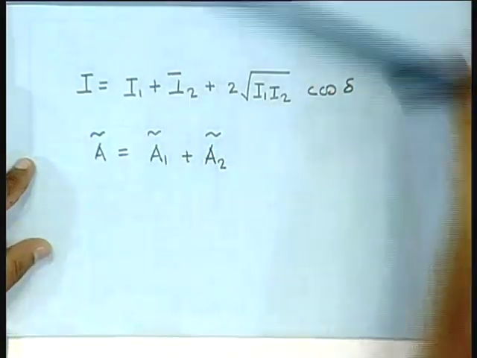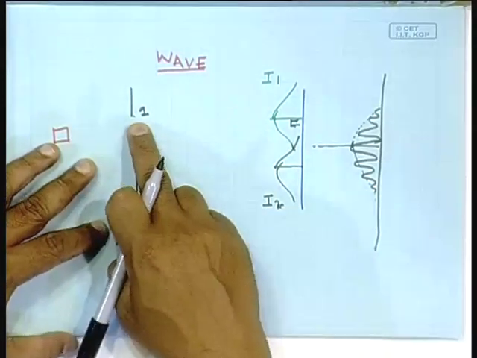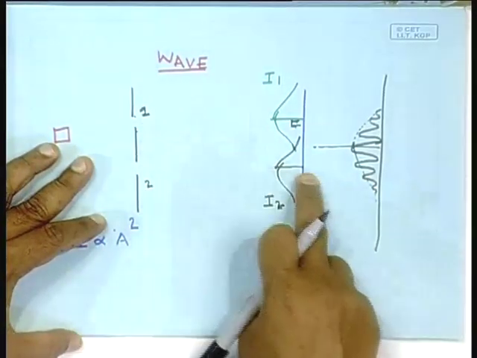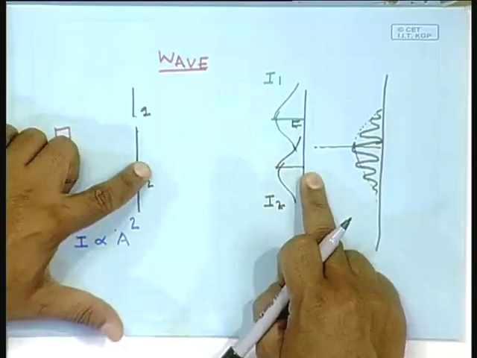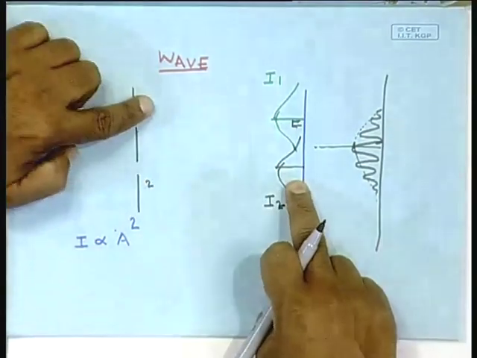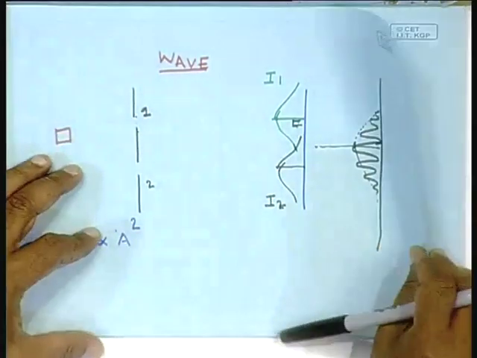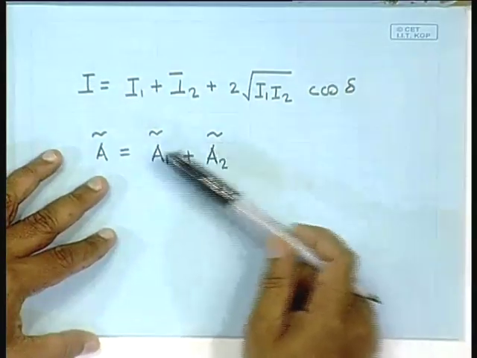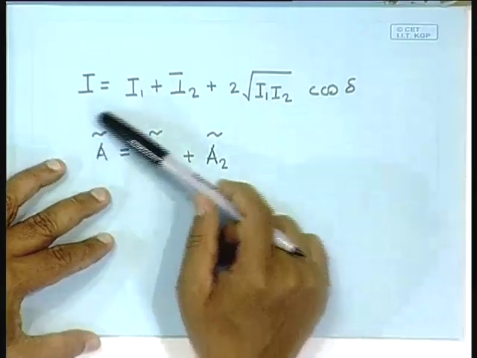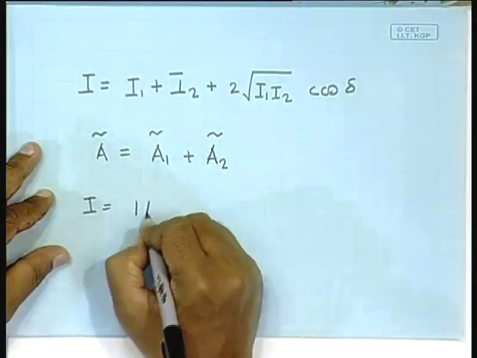A is the amplitude of the wave arriving at a particular point on the screen, A1 is the part that arrives from slit 1, and A2 is the part that arrives from slit 2. If I close one slit there would be only A1, if I close the other there would be only A2. When I open both of them, the waves add up and I get the resultant amplitude A.